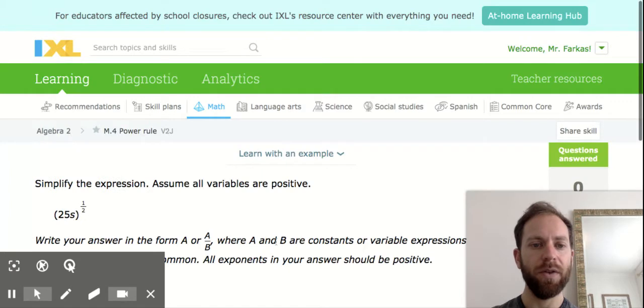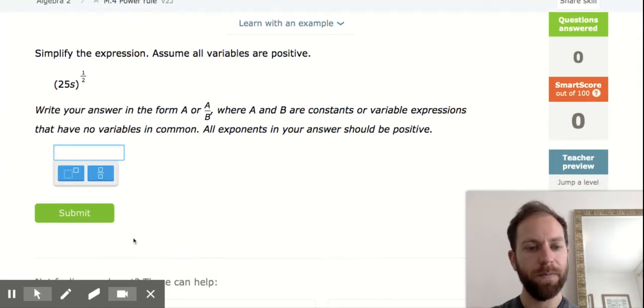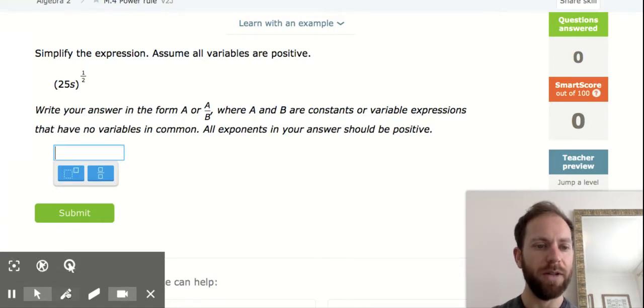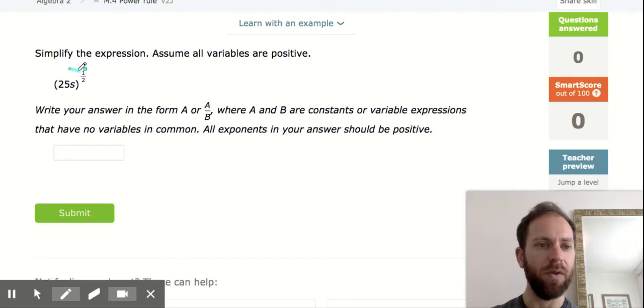All right, so let's go ahead and practice, and let's do a few of these, okay? All right, so simplify the expression and assume all variables are positive. Now, when we're doing this, remember the power of 1/2, it's like we're distributing it to each of these. So 25 to the power of 1/2, and then s to the power of 1/2. We're just splitting them up. So what is 25 to the power of 1/2?